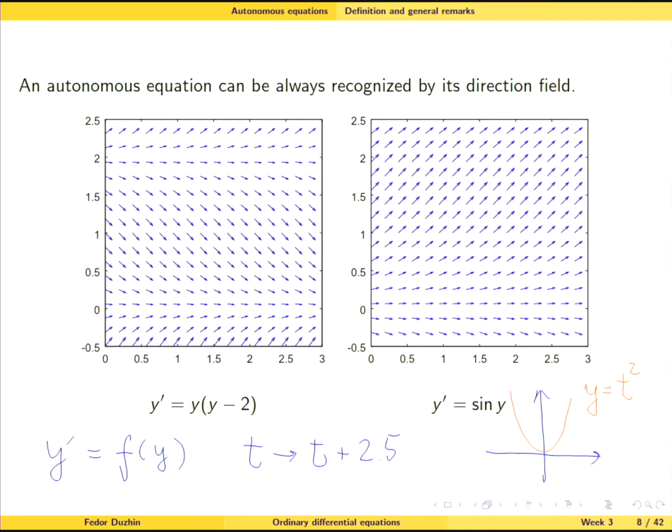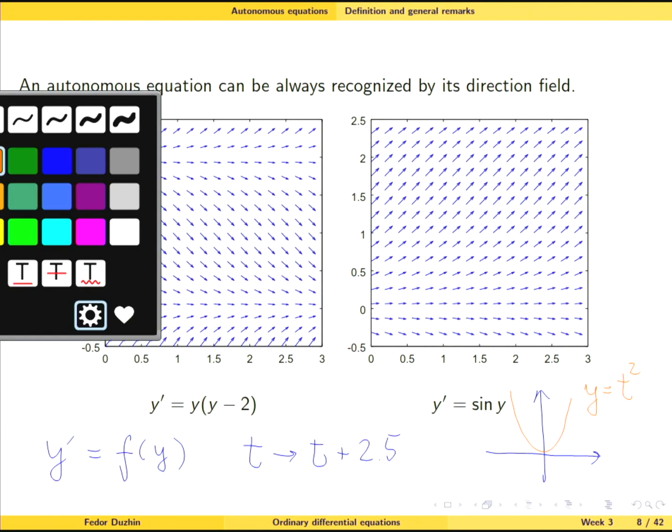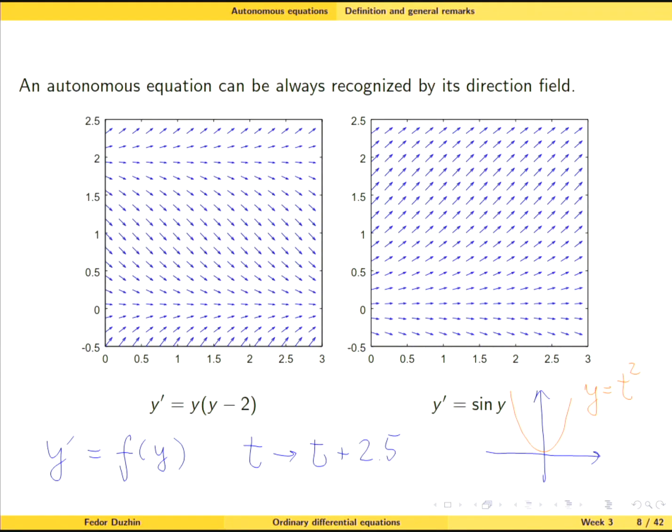If you replace t with t plus 2.5, you get another parabola, shifted 2.5 units to the left. So this will be y equals (t plus 2.5) squared, because now if t is negative 2.5, then t plus 2.5 is 0, and that's the apex of the parabola.